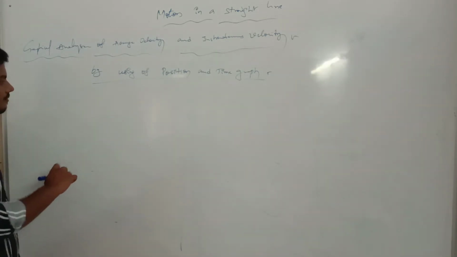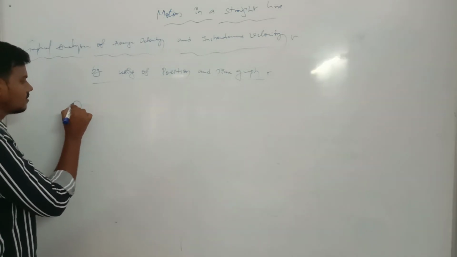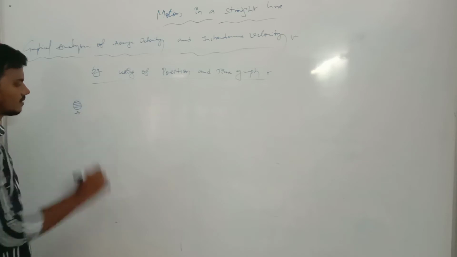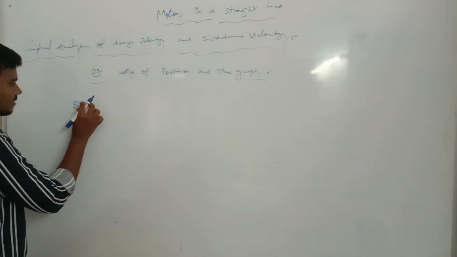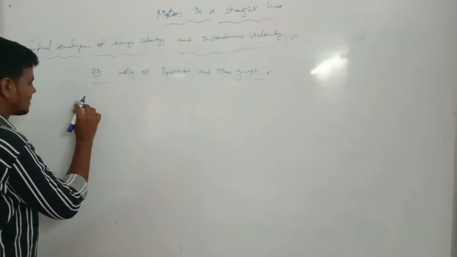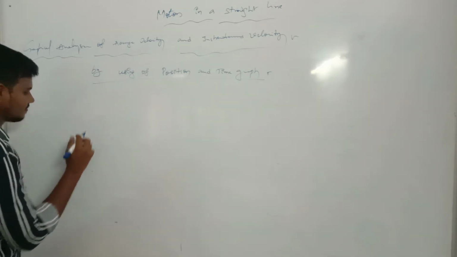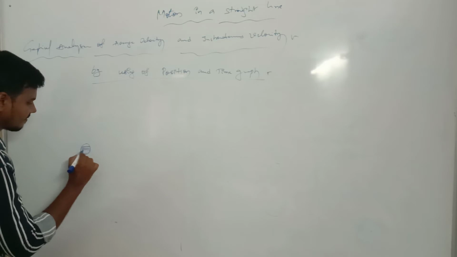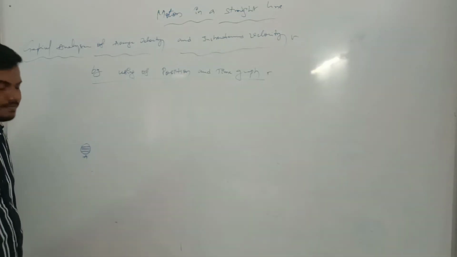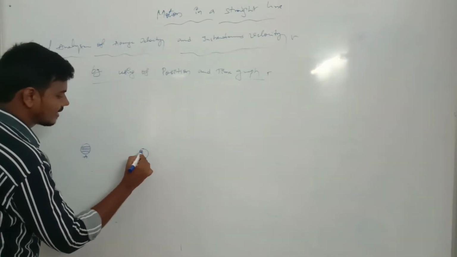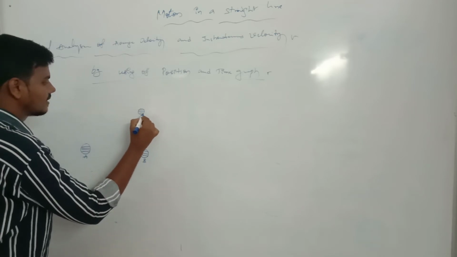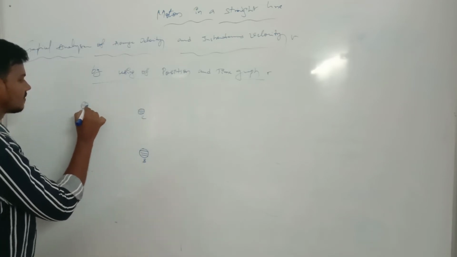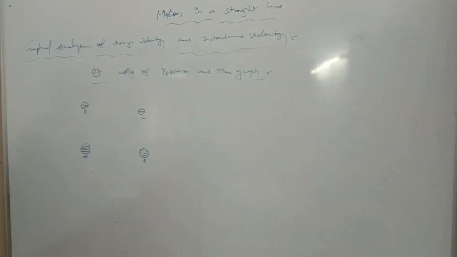When an object, for example, A is the position of the object. This is the first position A. This is the second position B, the third position C, and the fourth position D. There are 4 main positions.